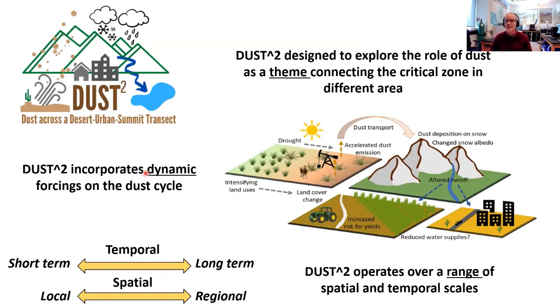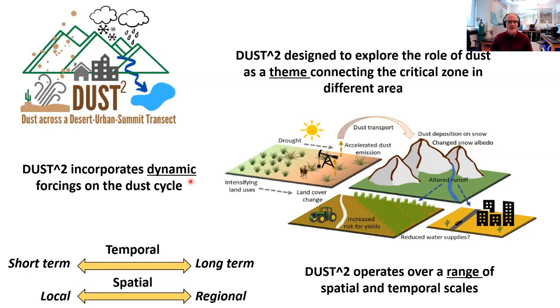Dust across the Desert-Urban-Summit Transect was our clever acronym here. It was designed to explore the role of dust as a theme connecting the critical zone. It was designed to incorporate dynamic forcings on the dust cycle from source to sink. So things happening in the source regions, as well as things happening in the dust receiving regions, and then feedbacks back in the other direction.